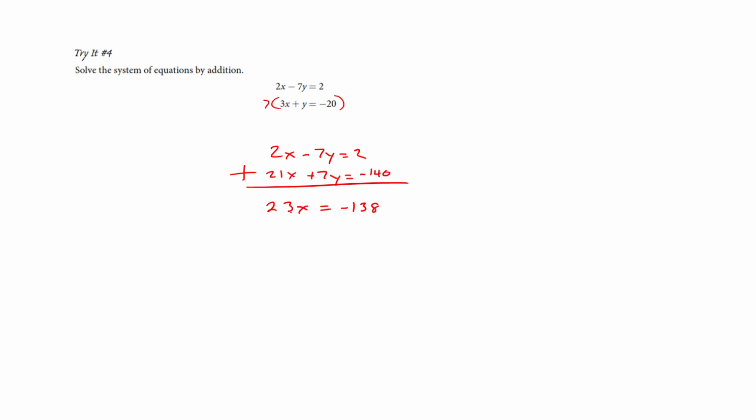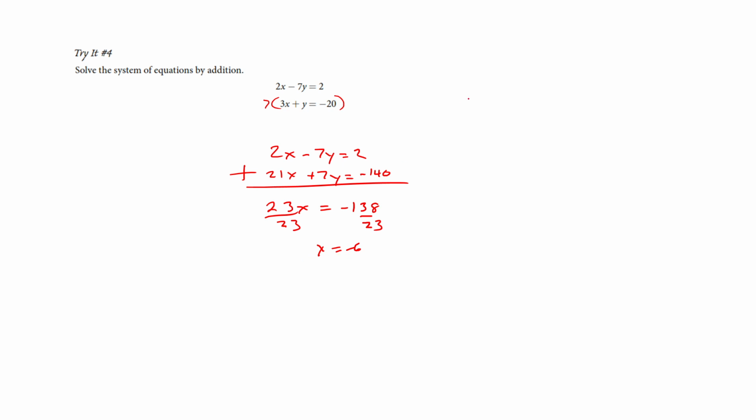Let's see. Hold on. Do I divide it? Let me divide that. Get my calculator here real quick. Yeah, I'm assuming that's 6, but let me just double check. Yeah, it's 6. Okay, so divide both sides by 23. x is -6.